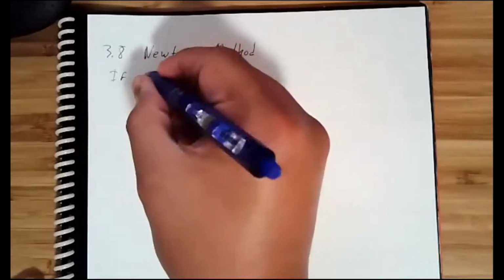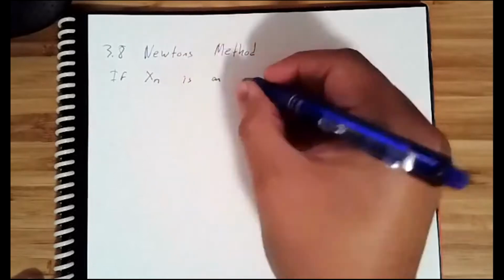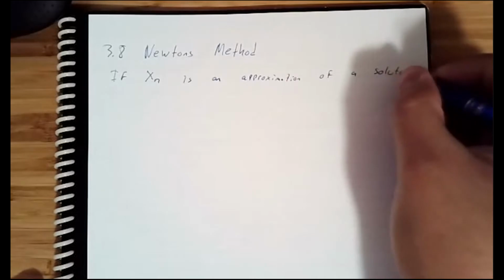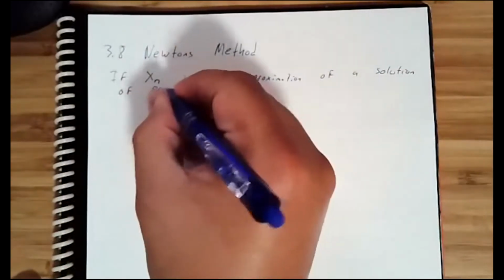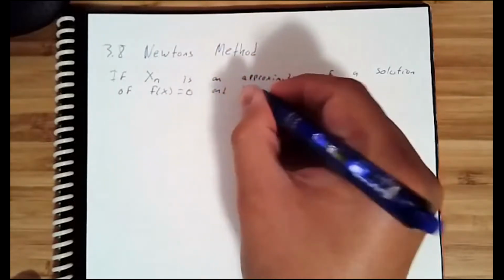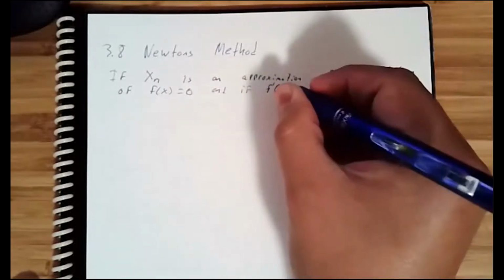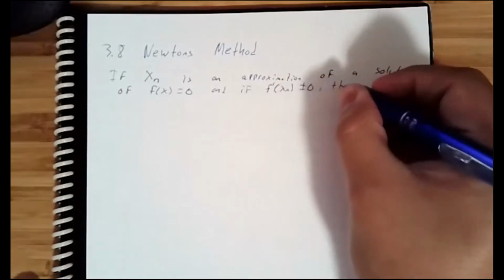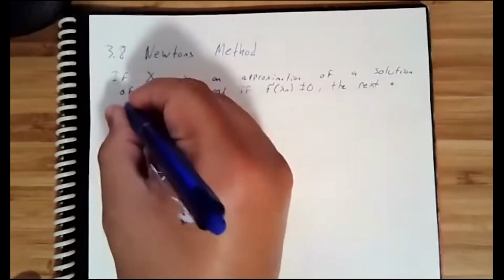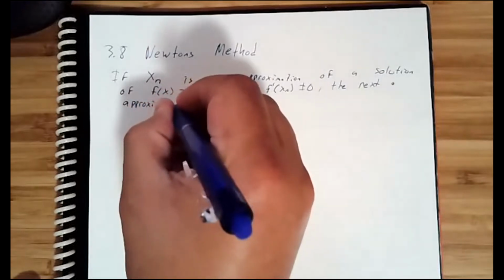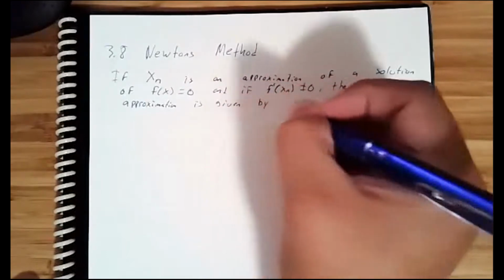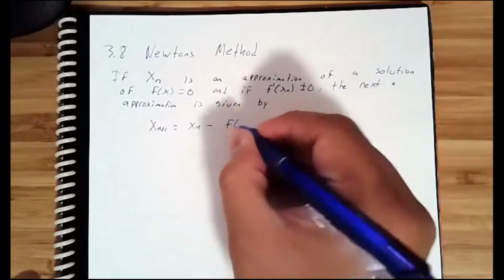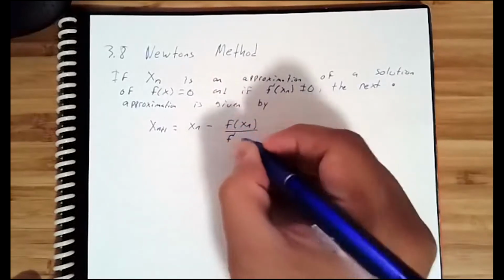So if x sub n is an approximation of a solution of f of x equal to 0, and if the derivative at xn is not equal to 0, the next approximation is given by xn plus 1 equal to xn minus f of xn over f prime at xn.